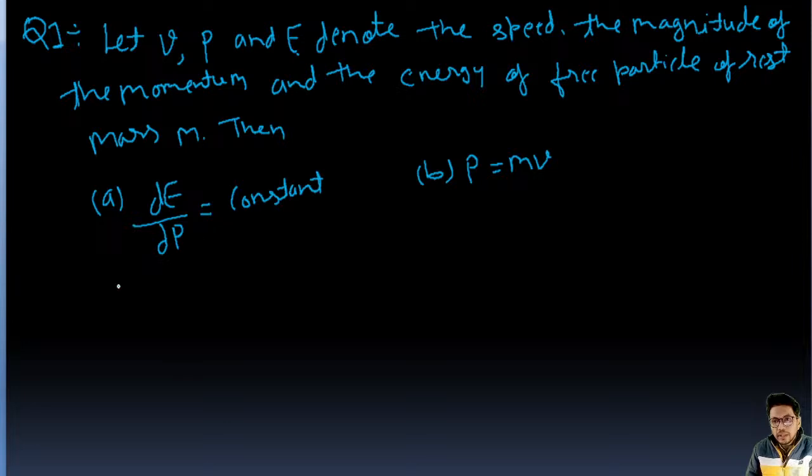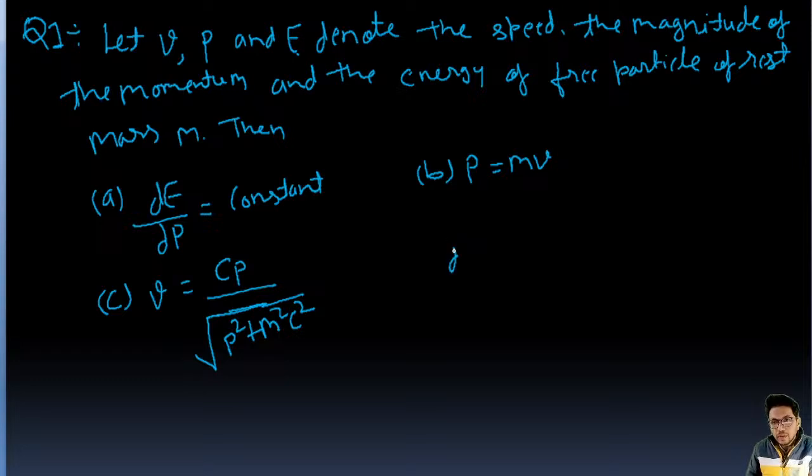Option C is V equal to Cp upon root of p square plus m square c square.